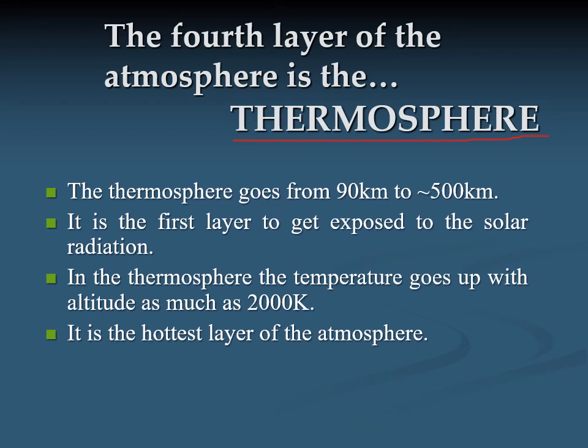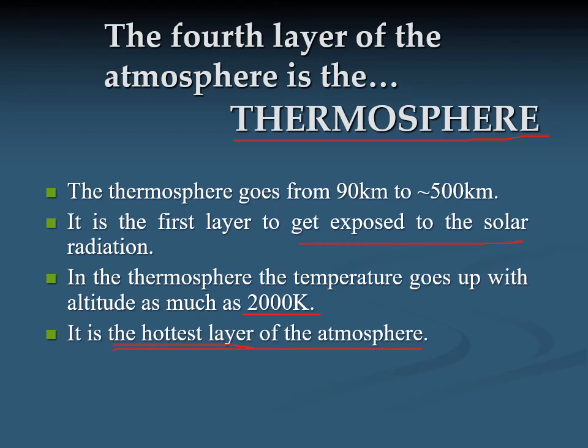As this is the first layer which gets exposed to the solar radiation, the maximum amount of solar radiation energy is absorbed in this layer. So this is closer to the solar radiation, and this layer is the hottest layer of the atmosphere.